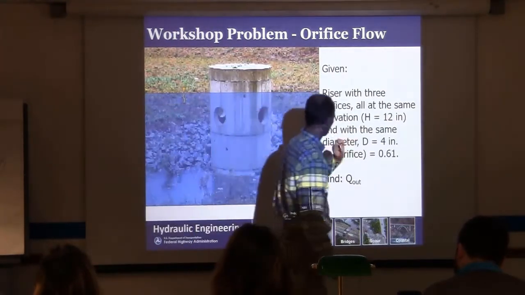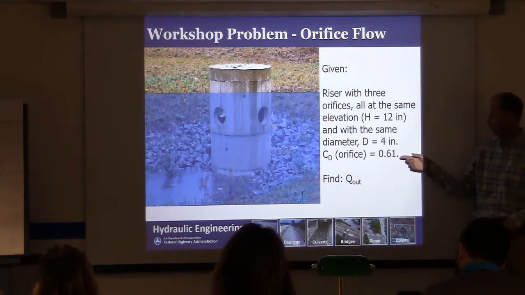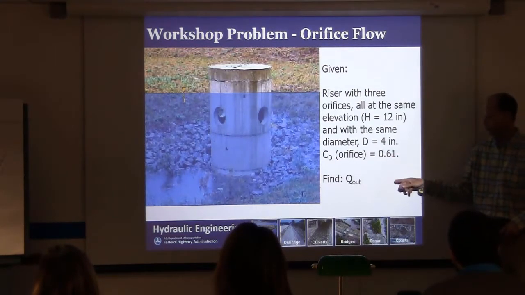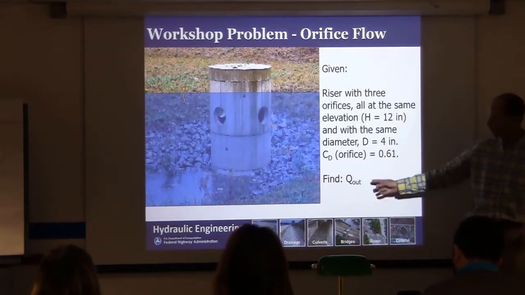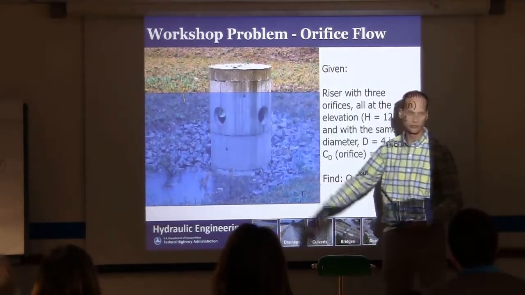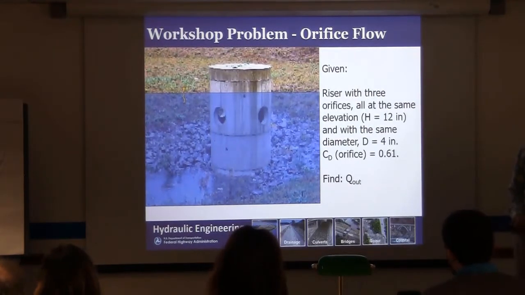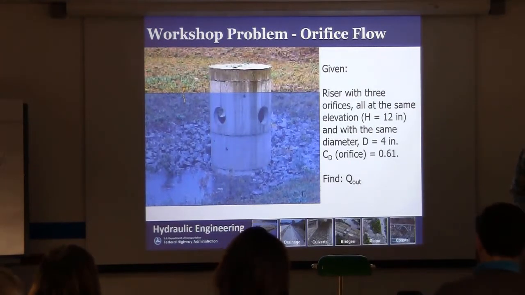The diameter is 4 inches. And let's assume the coefficient of discharge for all 3 orifices is 0.61. Pretty straightforward. We want to find how much flow we have going out of our detention basin. So ponder those 2 things, and we will discuss them first thing in the morning.